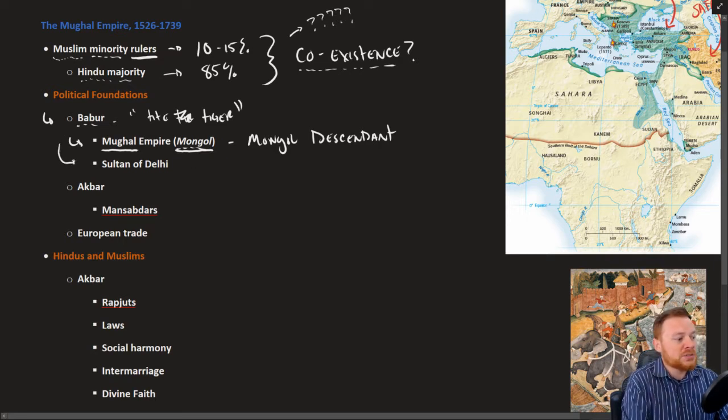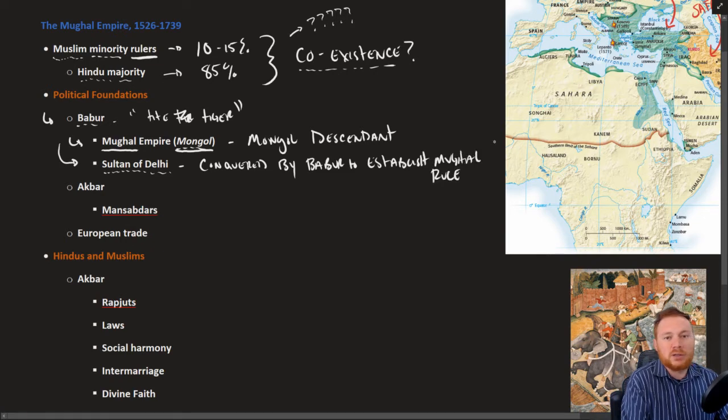And Babur was successful in defeating and conquering the Sultanate of Delhi, conquered by Babur to establish Mughal rule. The Sultanate of Delhi was the previous ruler in that region, northern India.